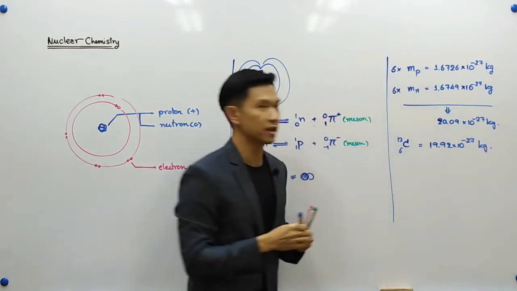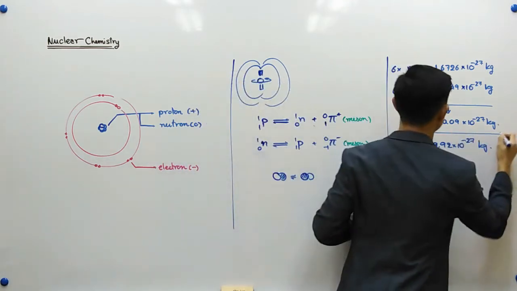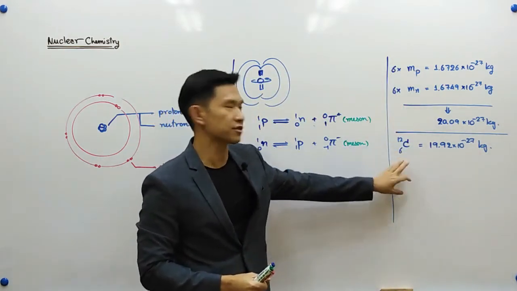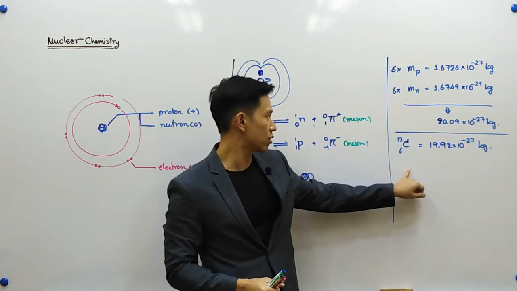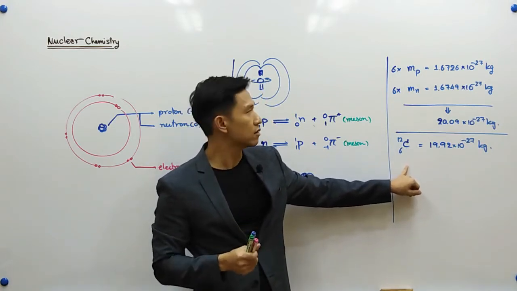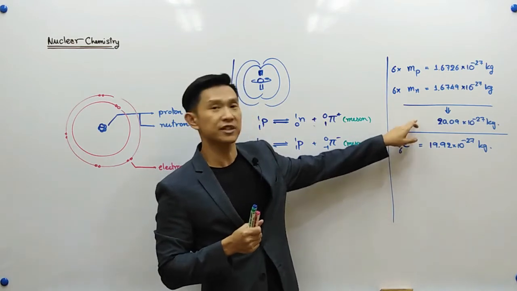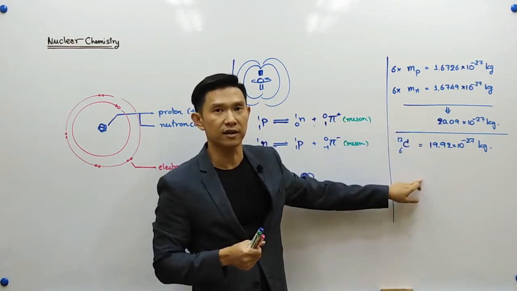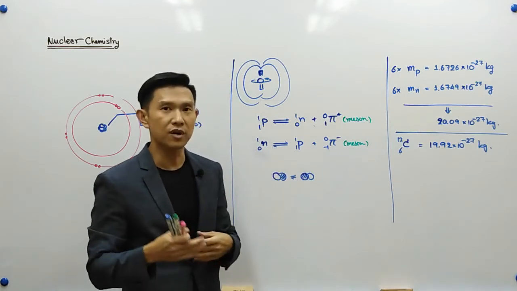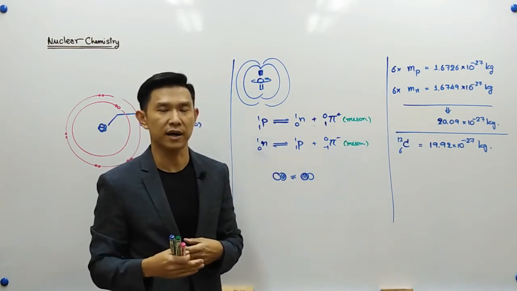What you can see here is the mass of protons and neutrons incorporated into constructing carbon-12 is not equal to the mass of carbon-12 itself. And more importantly, the starting material is heavier than the final product. So that means you have some mass loss.